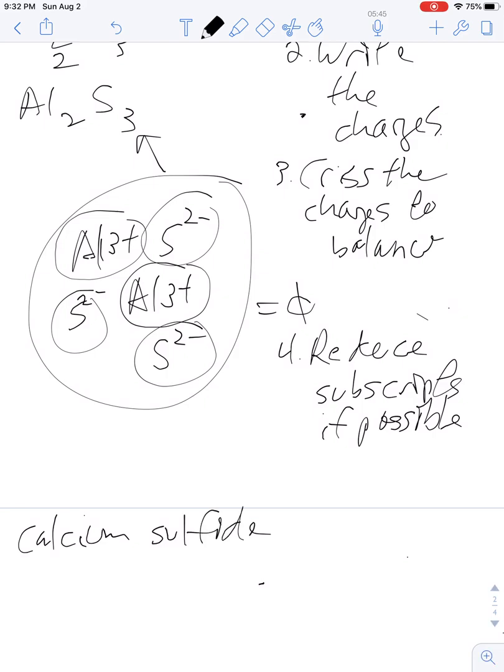Okay. So I'd write the symbols. Calcium, sulfur. Write the charges. +2, 2 minus. Crisscross. Take that 2, put it there. Take that 2, put it there. Well, can I reduce the 2 and the 2? The answer is yes. So I wouldn't say Ca2S2. This 2 goes into that 2. So I would reduce it to just CaS. Okay?